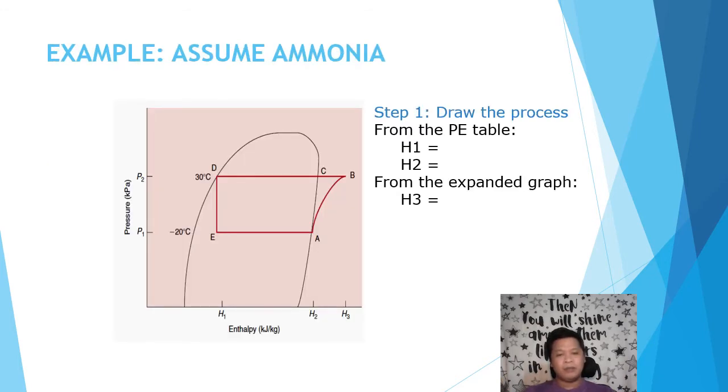So in any problem involving calculations on refrigeration from the vapor compression cycle, meron na talagang steps yan. So depende kung ano yung refrigerant mo, yun yung hahanapin mong table or chart niya.